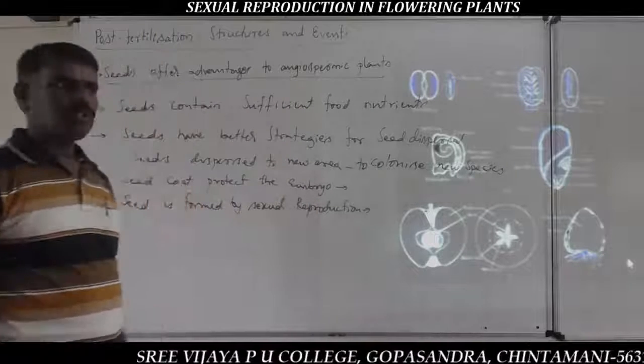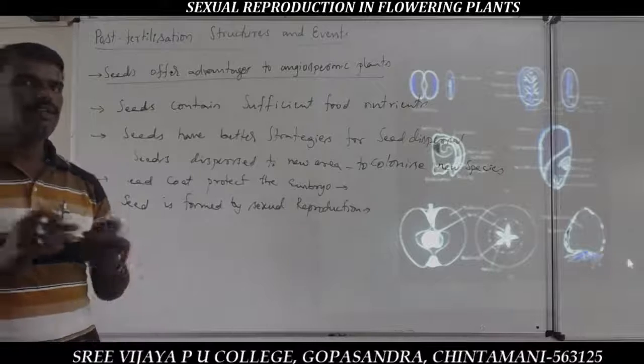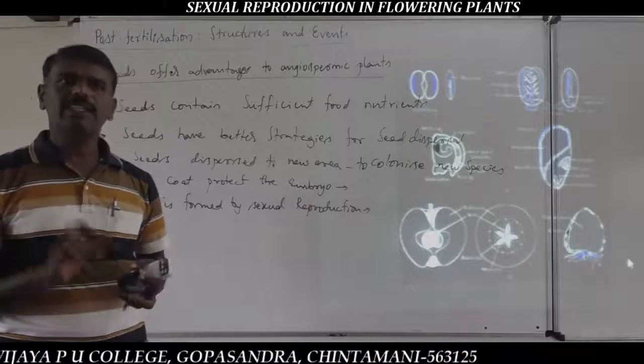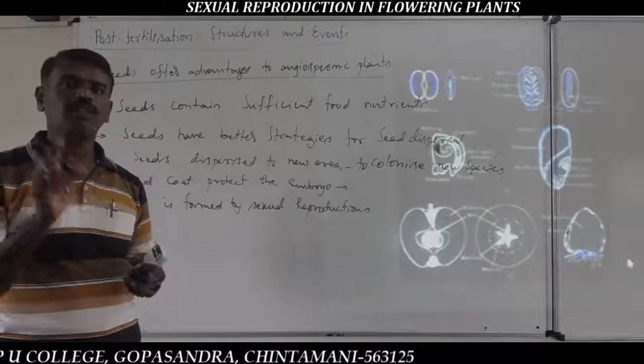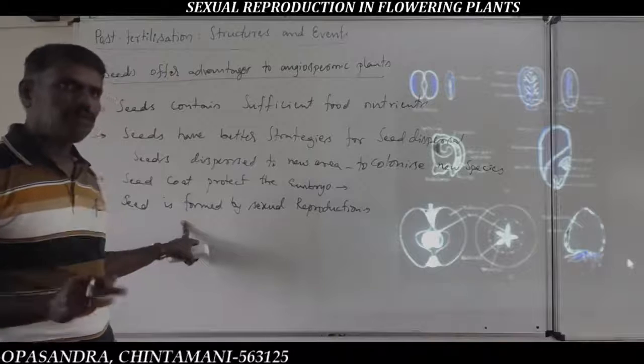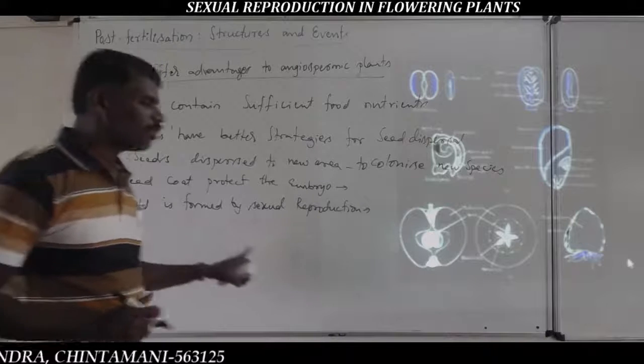Due to sexual reproduction, there is a combining of genetic material. Recombination occurs at the time of meiosis, at the time of formation of gametes, as the seeds are formed by sexual reproduction.